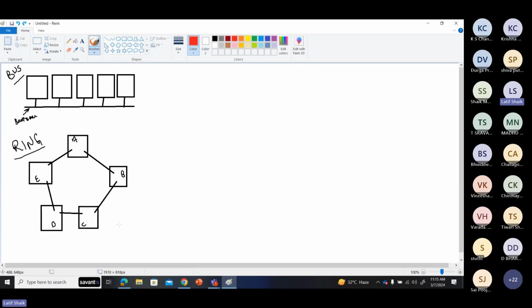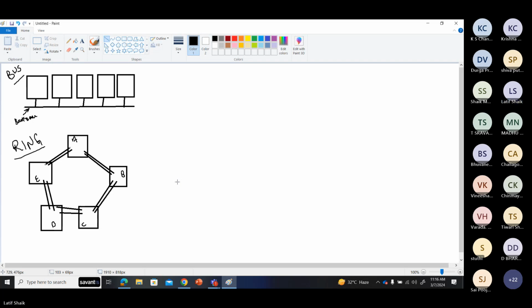So they invented the double ring topology by adding more connections like this. One path is for clockwise and another path is for anti-clockwise communication.